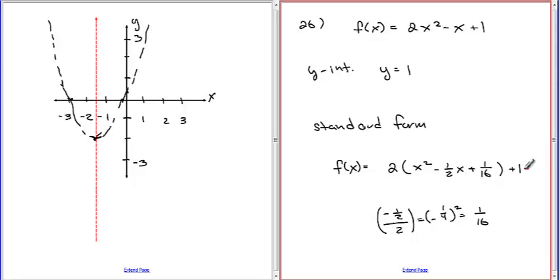So we have to subtract 1/16. Oh, actually, we have to subtract more than that, because if you ever have to factor out a number because the coefficient in front of x squared is other than 1, you have to realize I add a 16th inside here, but I'm multiplying it by 2, so I'm actually adding an 8. 2 times a 16th is an 8. So if I add an 8, I have to subtract an 8.